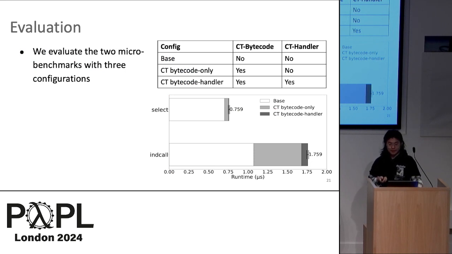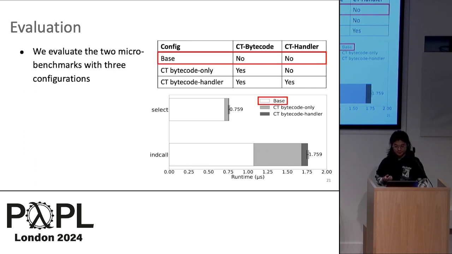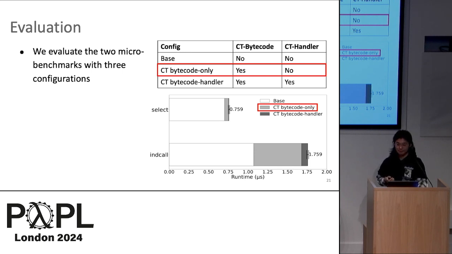We evaluate these two micro benchmarks with three configurations. First, the baseline setup, which executes non-constant time bytecode with a non-constant time handler. And second, the CT bytecode only setup, which executes constant time bytecode with a non-constant time handler. So the light gray bar here shows the additional overhead on top of baseline due to executing constant time bytecode.